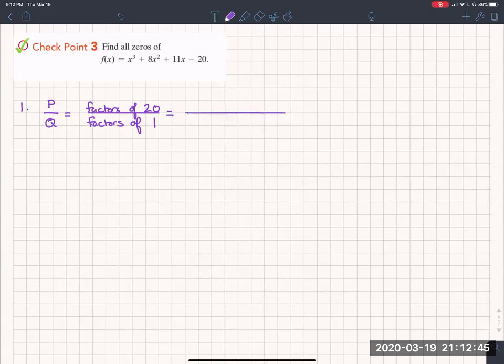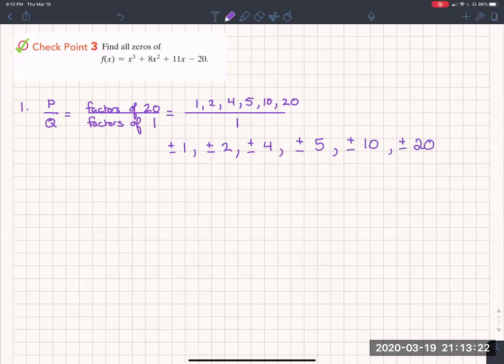So the factors of 20 are 1, 2, 4, 5, 10, and 20. And factors of 1 are 1. So my potential zeros are positive and -1, positive and -2, positive and -4, positive and -5, positive and -10, positive and -20.